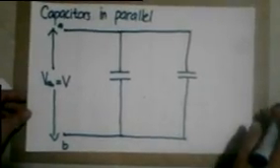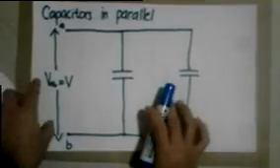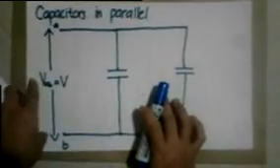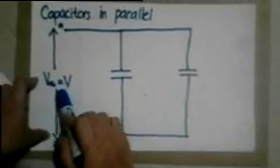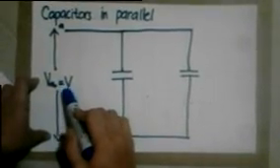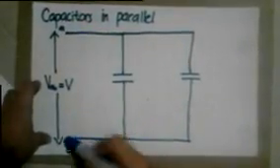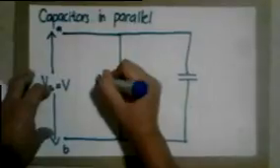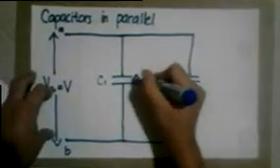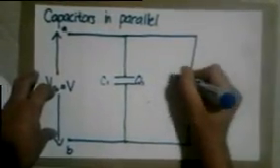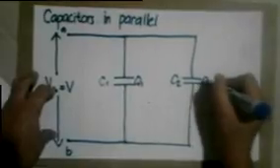Capacitors in parallel. We have here an illustration of a parallel connection. This is our V_AB, which is equal to V, our potential difference. We have point A, point B. This is our C1, Q1, C2, Q2.